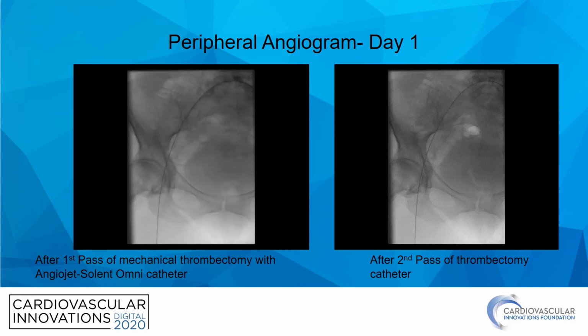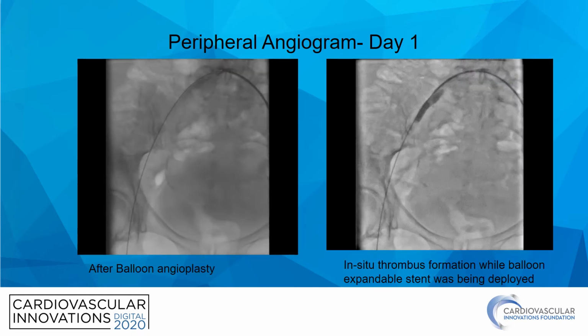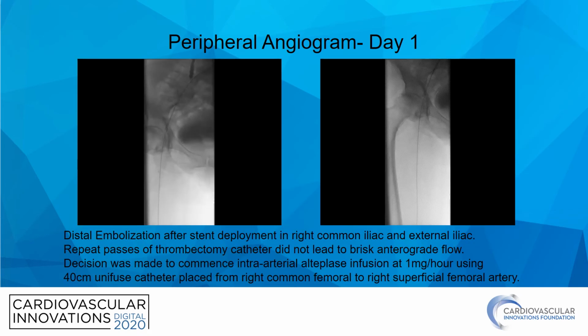The first image is after first pass of mechanical thrombectomy catheter, and the next one is after second pass of the catheter. The first image is after balloon angioplasty, and the next image shows thrombus formation while balloon expandable stent was being deployed.